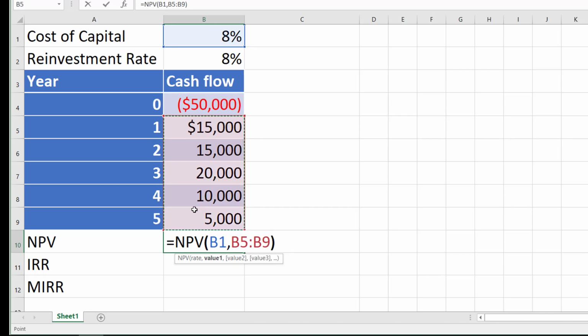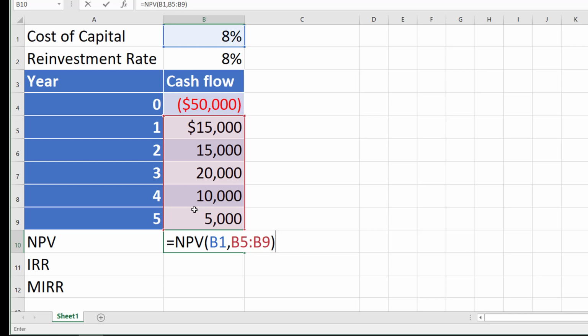Why? Because NPV discounts all the numbers that you put inside the parentheses. The initial cash flow, the cash flow at period 0, does not need any discounting, so that's why we don't put it inside the parentheses.